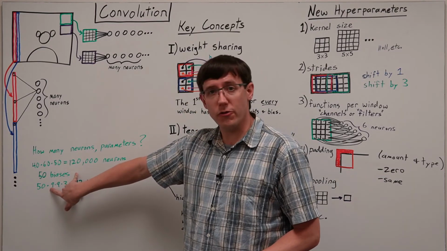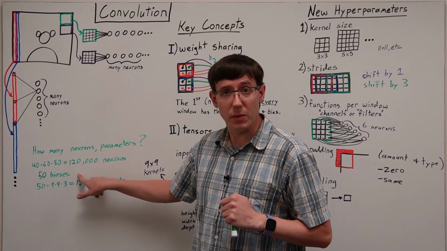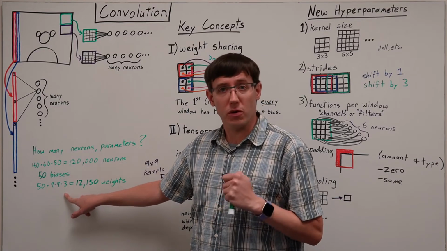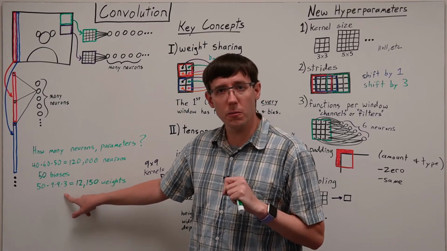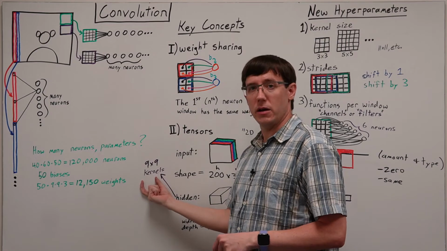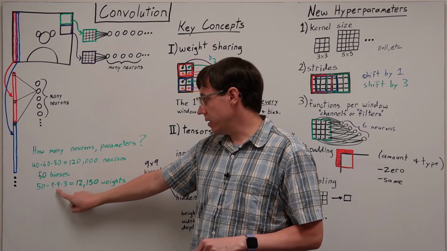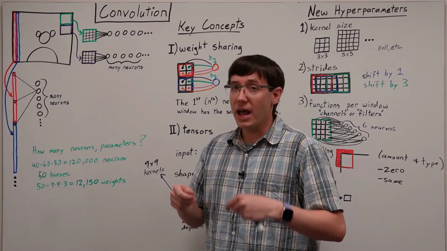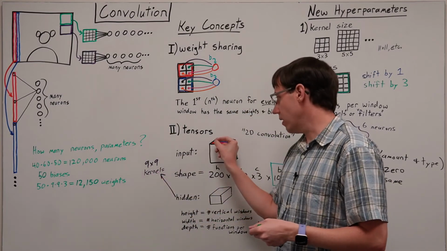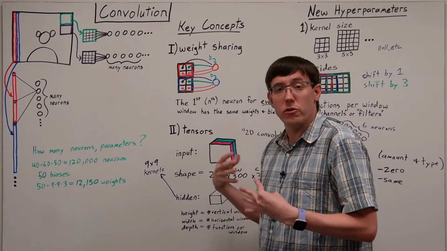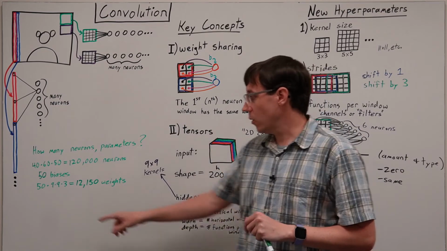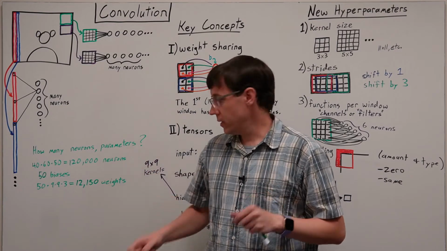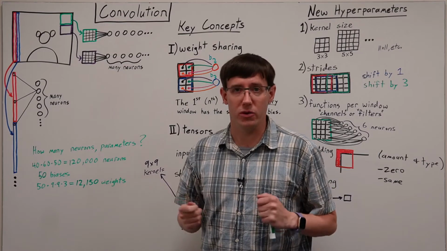So with 50 different functions, we end up with 50 biases, and 50 times the number of weights per function, total weights. And since we have 9 by 9 kernels, we will have 9 by 9 pixels coming into each neuron. And each pixel actually consists of 3 values for the 3 color channels. So we have 9 times 9 times 3 weights per neuron for a total of about 12,000 weights.